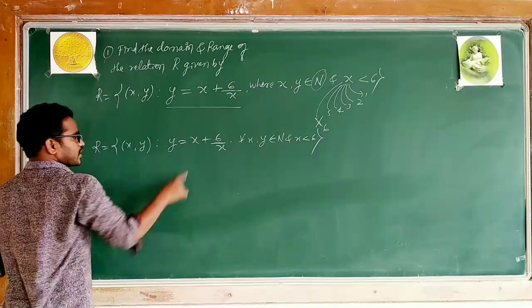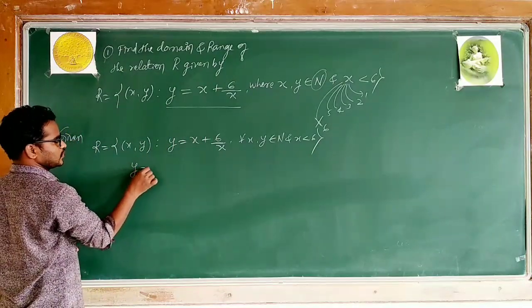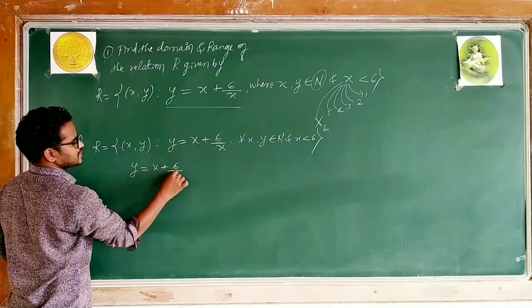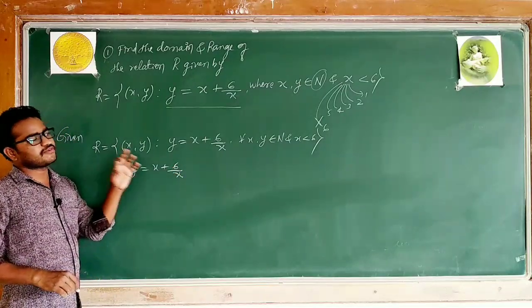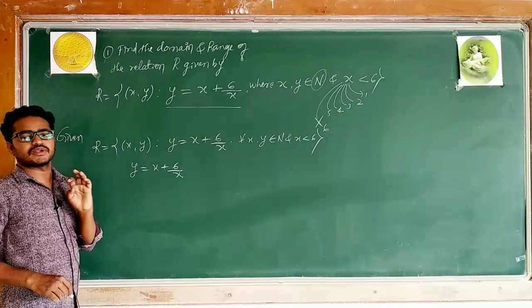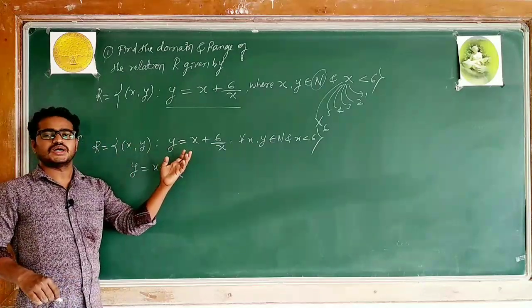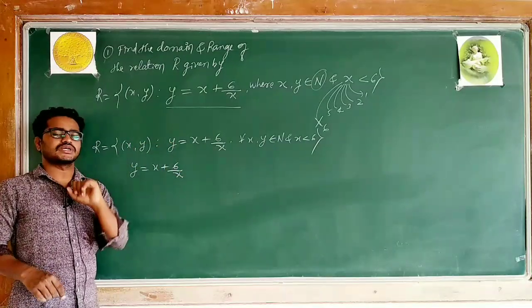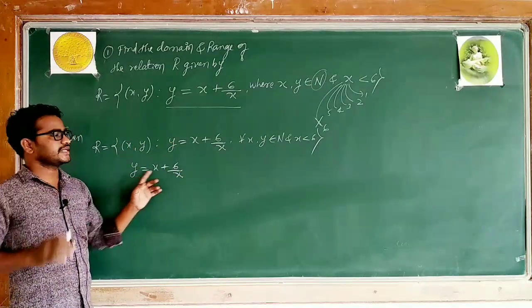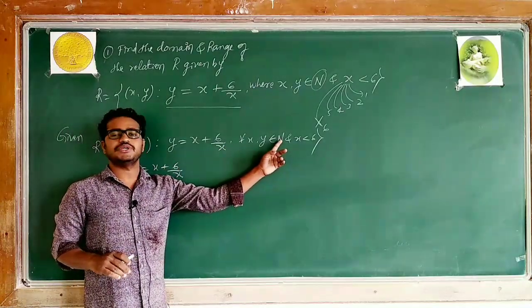The thing is, whatever x value and y value you take should belong to natural numbers. If you take x as a natural number and y is not a natural number, don't consider it. Both x and y should be natural numbers.